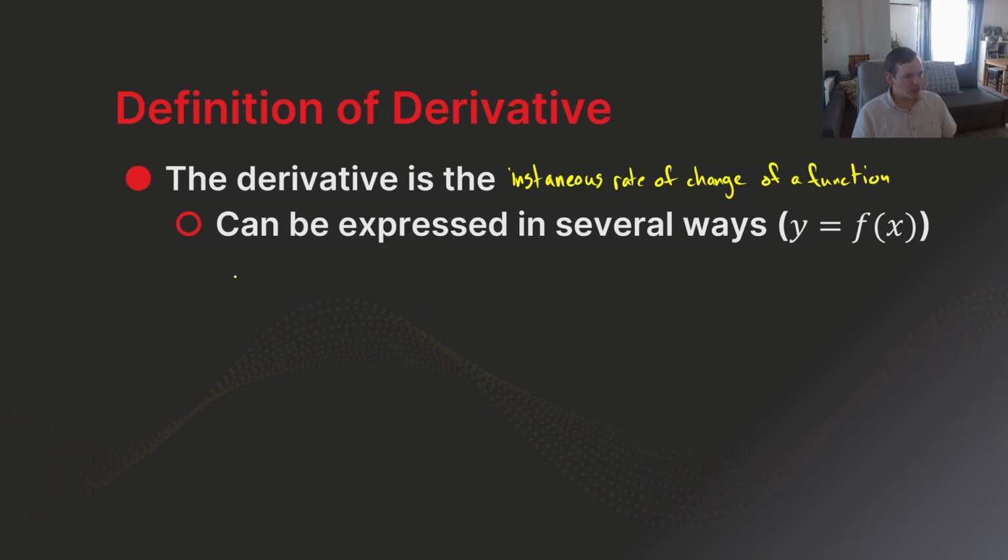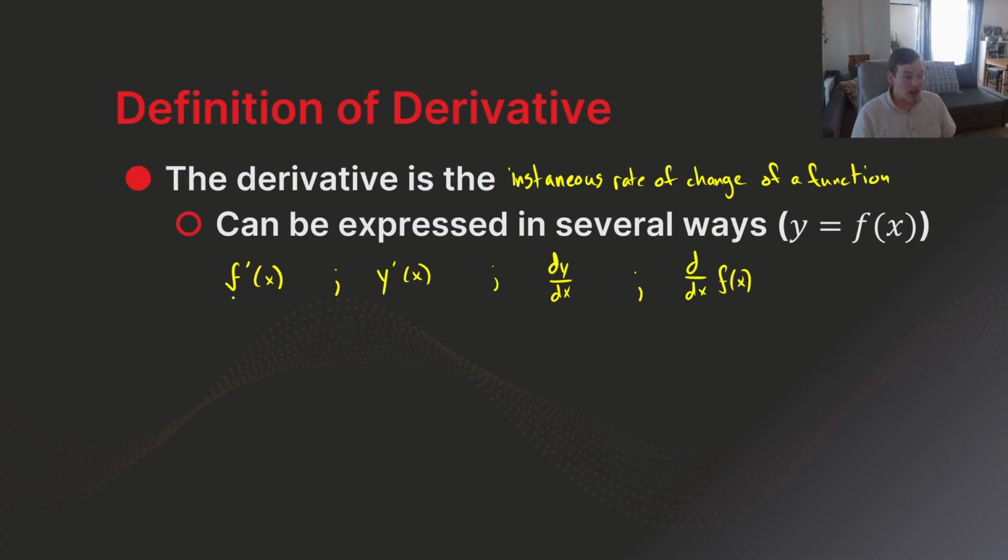So the first way that I can write the derivative of the function y equals f of x is f prime of x. The second way that I can write it is y prime of x. The third way I can write it is dy by dx. And the fourth way I can write it is d by dx of f of x.